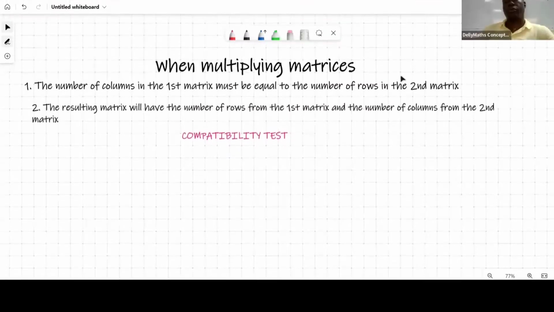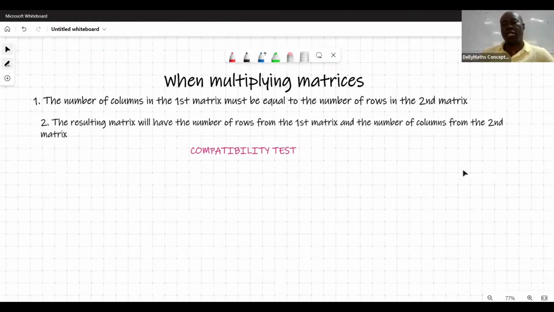All right, so we're looking at multiplying matrices in this section. As you can see, there are two things here that we want to make note of. It says here, and I'm reading, the number of columns in the first matrix must be equal to the number of rows in the second matrix.